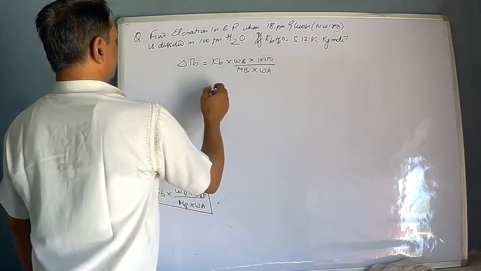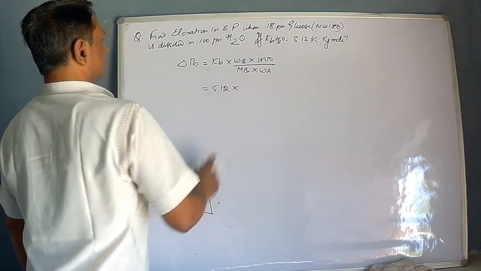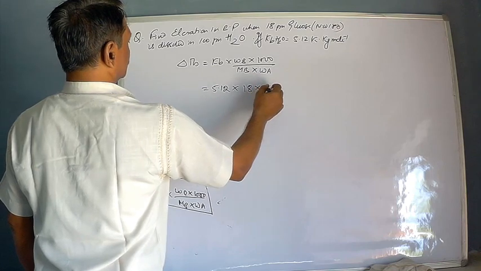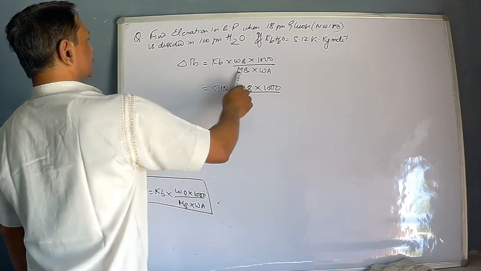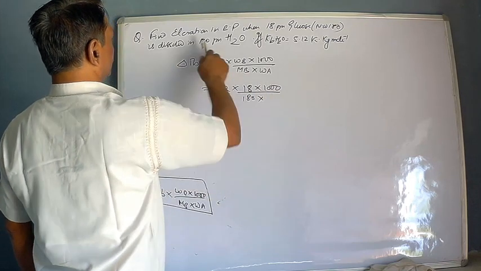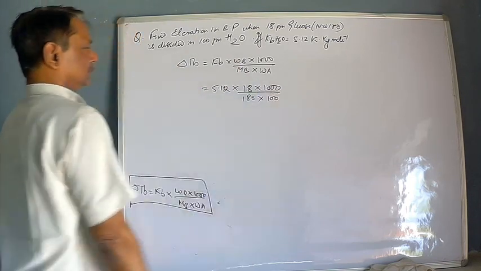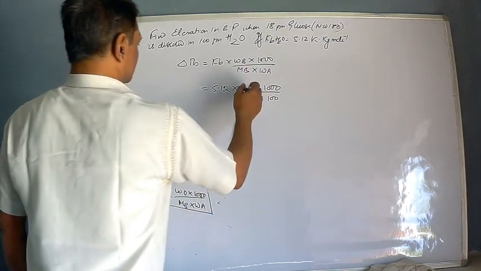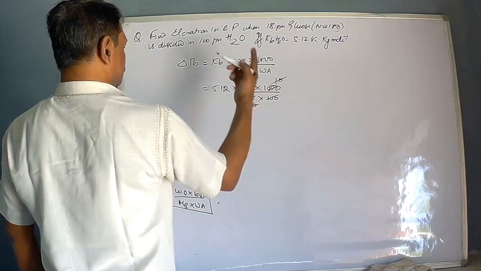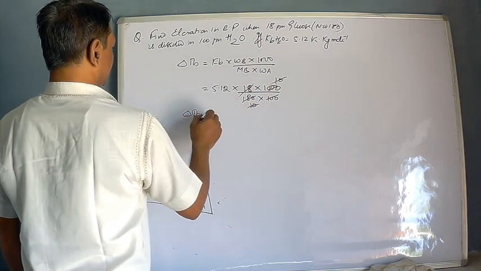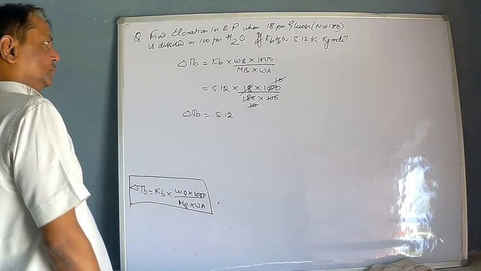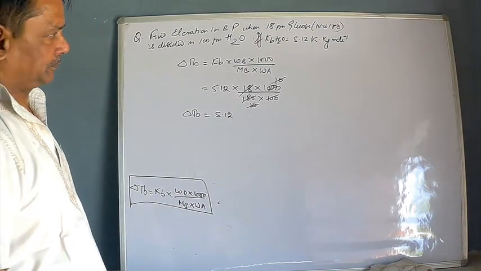Kb has been given, 5.12. Weight of solute 18 gram multiplied by 1000, upon molar mass of glucose, 180. Weight of solvent is 100. Let's cancel. This gives us 10, and 10 by 10 gives 1. So delta TB equals 5.12.